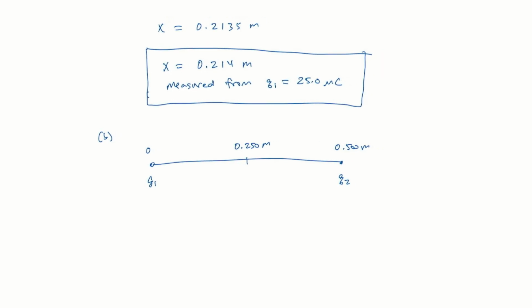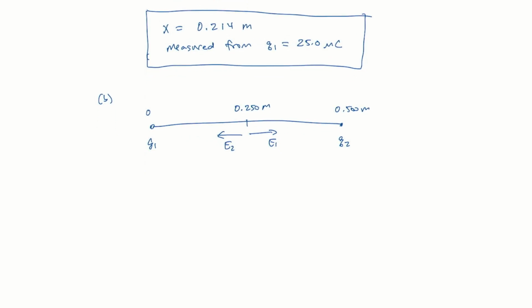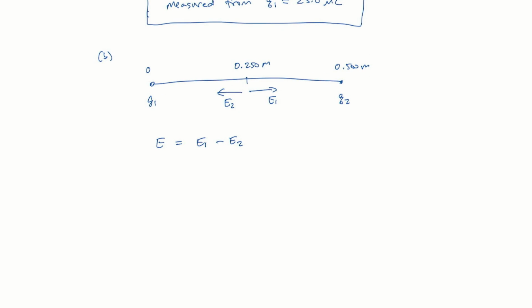The E1 is still pointing away from Q1, and the E2 is still pointing away from Q2. So the electric field at the 0.250 meters is going to be E1 minus E2. So this is going to be KQ1 over 1/2 R squared, minus KQ2 over 1/2 R squared.